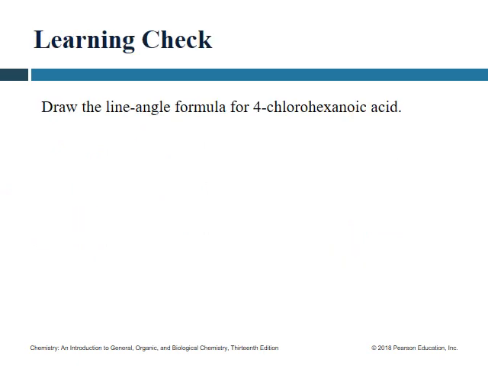Okay, then the next question is asking you to draw the line angle formula for 4-chlorohexanoic acid. So whenever the name is given, we start from the end. It's oic acid, so it is carboxylate. I have to have a COOH group. Hexanoic, so hex means 6 carbon. I start with 1, 2, 3, 4, 5, 6 carbon.